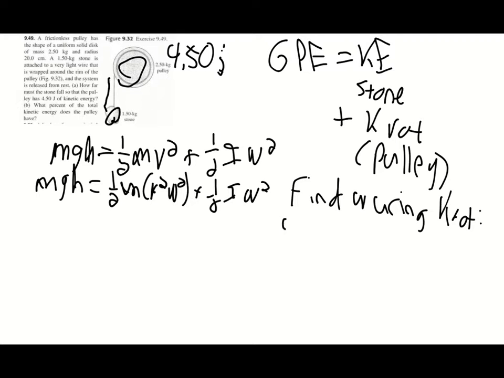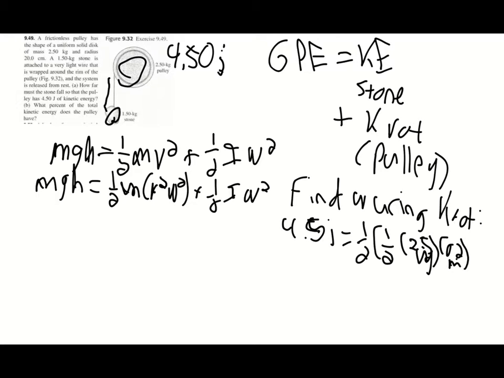So we're going to say 4.5 joules equals 1/2 I. Well, it's a solid disk, so it's going to be 1/2 times m. The mass of the disk is 2.5 kilograms, and omega squared, and R squared is going to be 0.2 meters quantity squared.